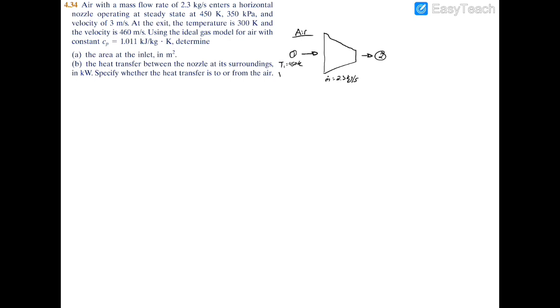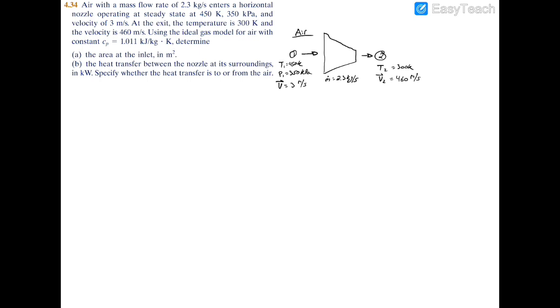We have an inlet pressure of 350 kilopascals, 350 kPa, and then a velocity coming in at 3 meters per second. Now, at the exit, we have a T2 equal to 300 Kelvin, so we lost some temperature there. We have a velocity which went way up, so we have V2 equals 460 meters per second.